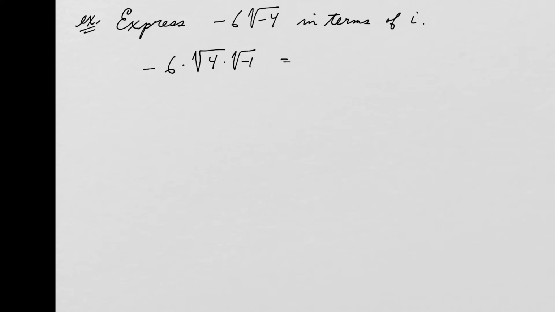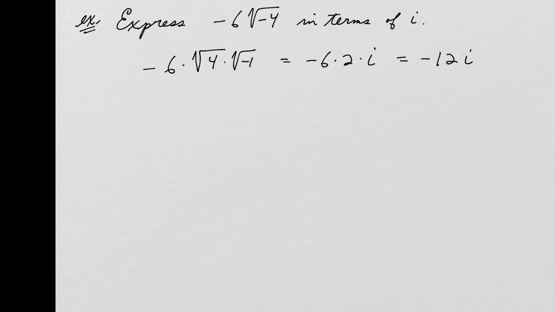But we know that the square root of 4 is 2. Remember, we're multiplying everything here. And the square root of negative 1 we write as i. So this is simply going to be negative 12i. Okay, so really the key thing is just recognizing that the square root of negative 1, we can write that as i.